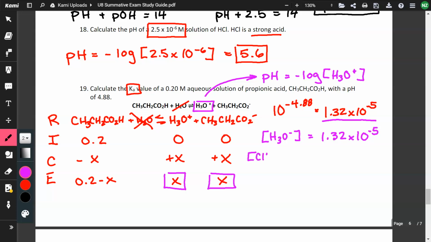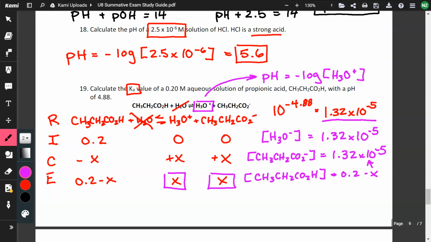Our CH3CH2CO2 minus will also be that number because it's just X. And our reactant CH3CH2CO2H is 0.2 minus X. When you do the math, when you subtract, you get 1.32 times 10 to the minus 5.